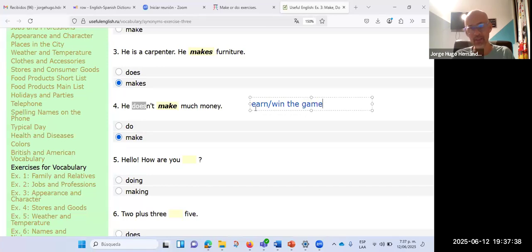It's different. The meaning in Spanish is the same, ganar, but we use earn for some specific cases and win for other specific cases. And here we can use make like earn. He doesn't make much money. He doesn't earn much money. His salary is not quite good, okay?